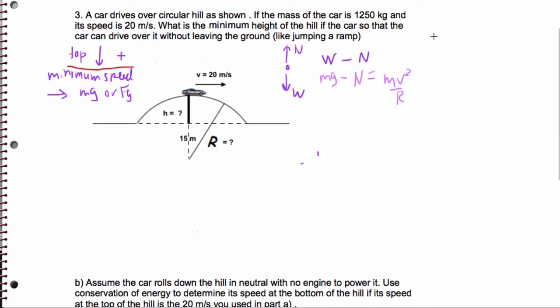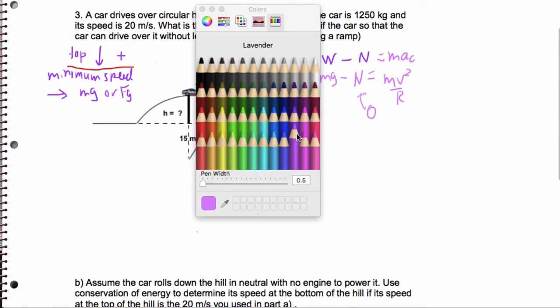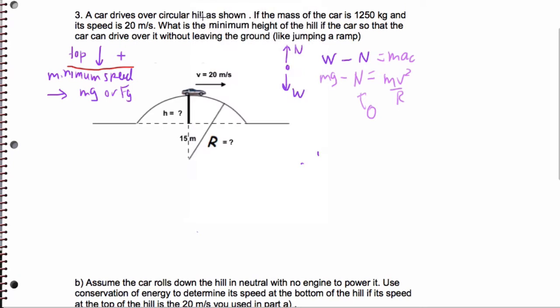Now here's what we're saying. The normal force when we're at our minimum speed is 0, just like the rules that we used on the roller coaster problem before. So now let's plug in our numbers. We have 1,250 times 10 equals 1,250 times 20 squared divided by our unknown radius that we want to solve for. We're going to use that radius to get height.